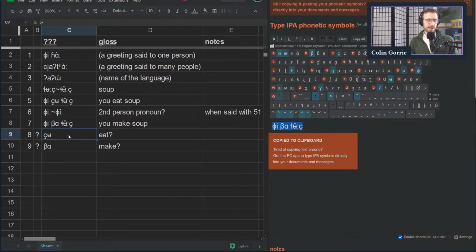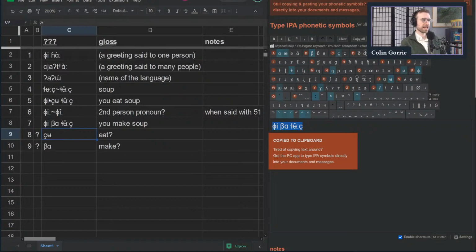Quain, can you say he on its own? He is a different word.